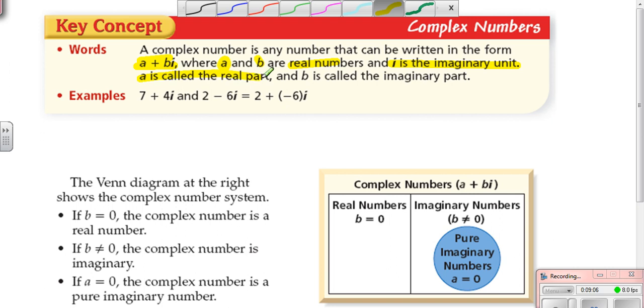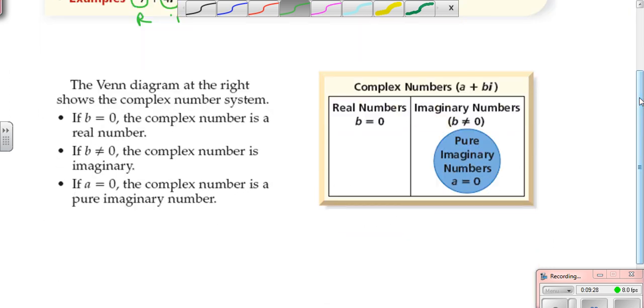This a, all by itself, is the real part, and b is the imaginary part. And you can kind of see where that makes sense. This is the real component, this is the imaginary component. Again, real component, imaginary component. Okay?